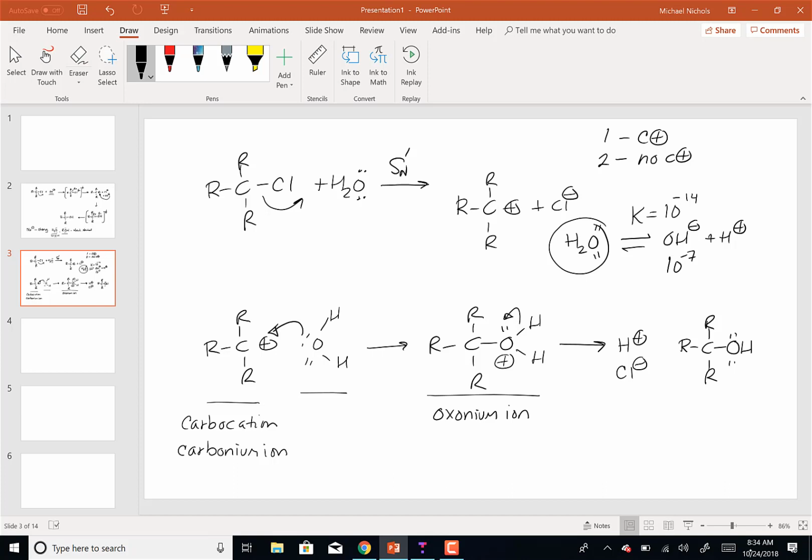Notice it was 3 steps and not 2. And being a 3-step mechanism, it's going to have a transition state, an intermediate, a transition state, and an intermediate, and then down to the final product. The first intermediate's the carbocation, the second intermediate's the oxonium ion.